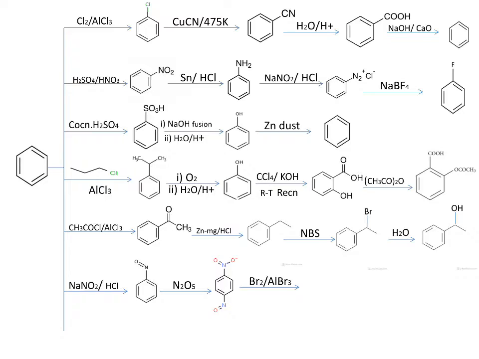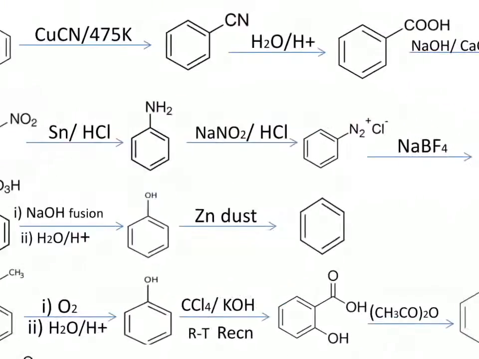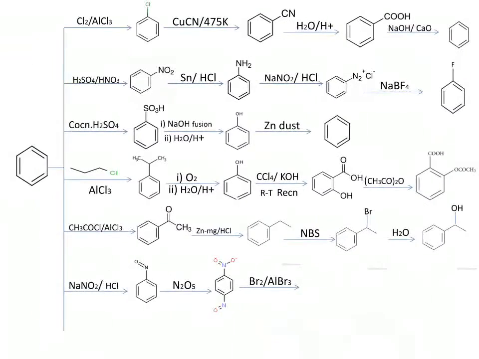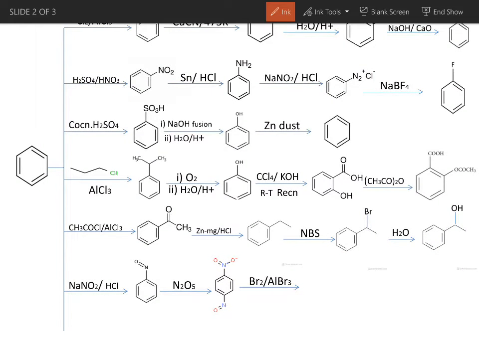Now we know that Br2 in the presence of AlBr3 will form an electrophile, that is Br positive. Now this electrophile will attack the benzene ring. Again the question arises: at which position will Br positive get attached?